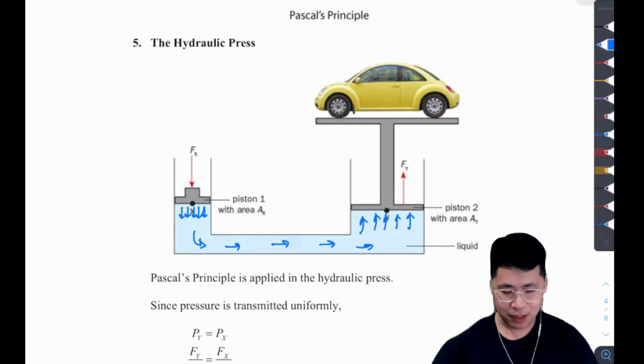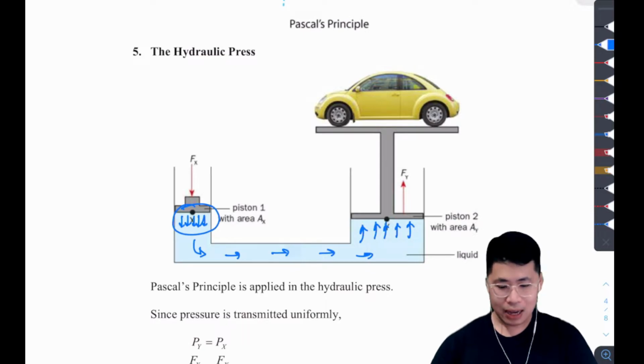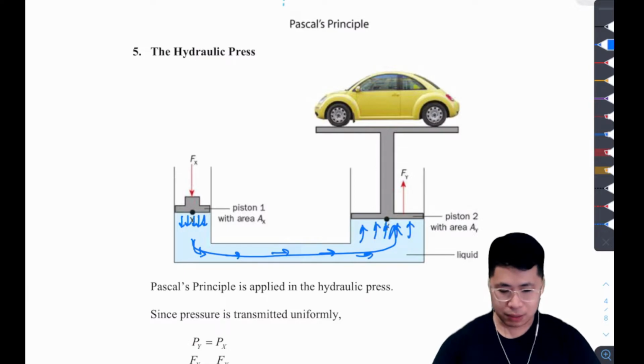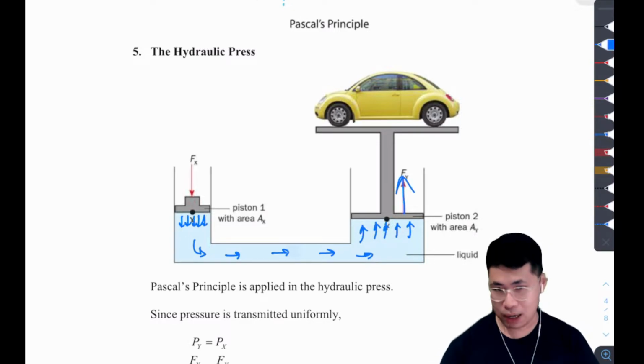One more time, when you apply a force at area x, this will create a pressure below the region, and this pressure is transmitted uniformly because liquids are not compressible to area y, and because of that you get a force over here at y.